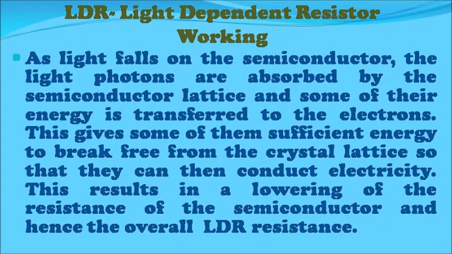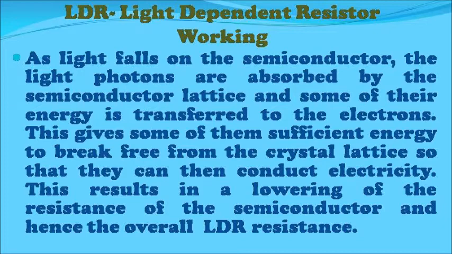As the light falls on the semiconductor, the light photons are absorbed by the semiconductor lattice and some of their energy is transferred to the electrons. This gives some of them sufficient energy to break free from the crystal lattice so that they can then conduct electricity.